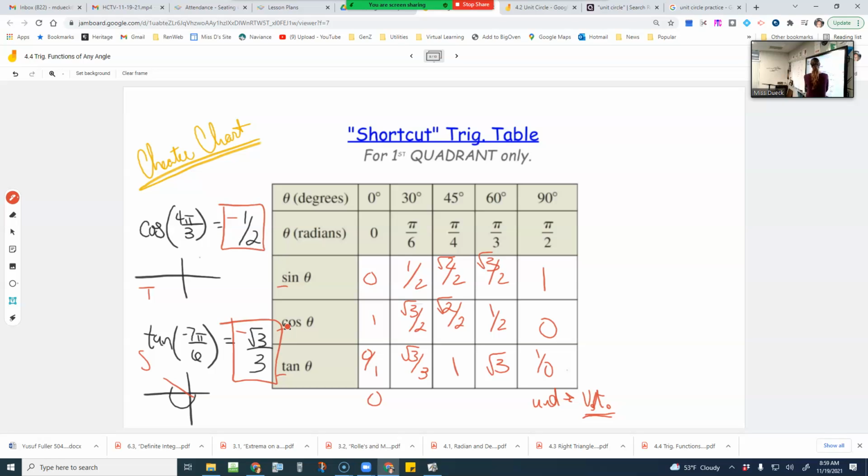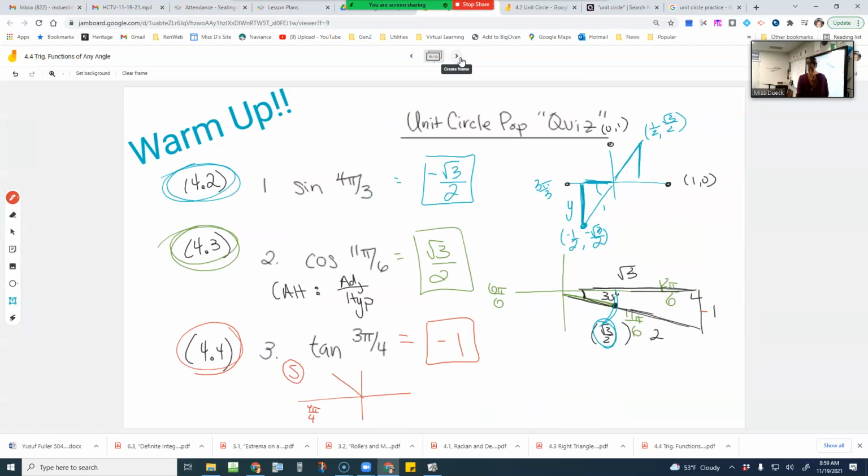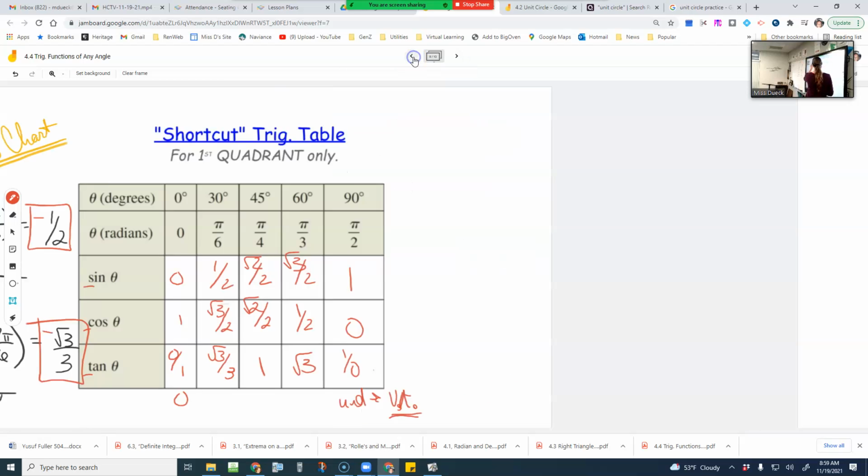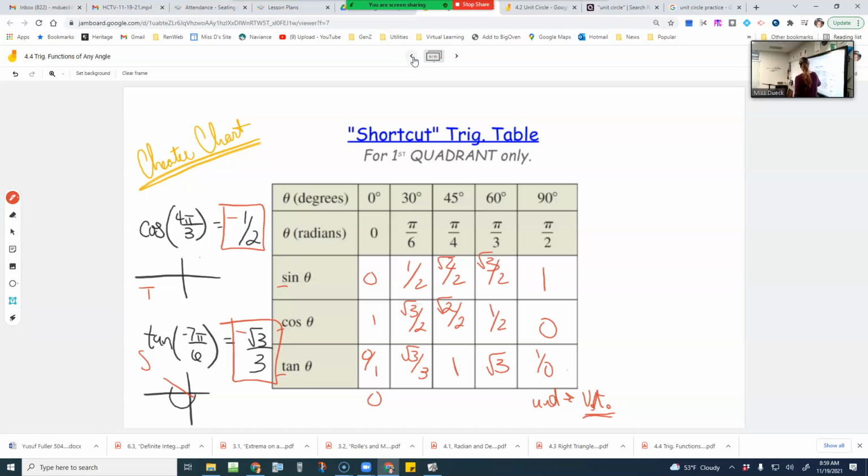What are they for? The 30s, the 45s and the 60s. I know the 6s are 30s, the 4ths are 45s and the 3rds are 60s. So I looked and saw, it's a 45. Then I sang my song: I wasn't in the 1, 2, 3, I wasn't in the 3, 2, 1, I was in the square root of 3 over 3, 1. 45 is 1.